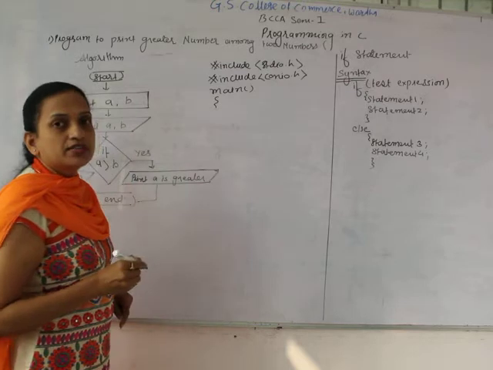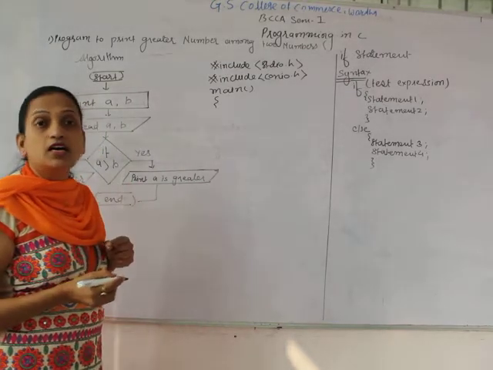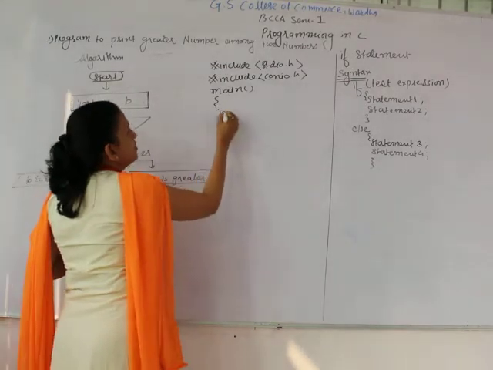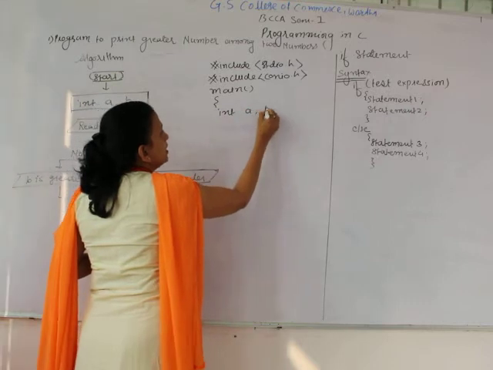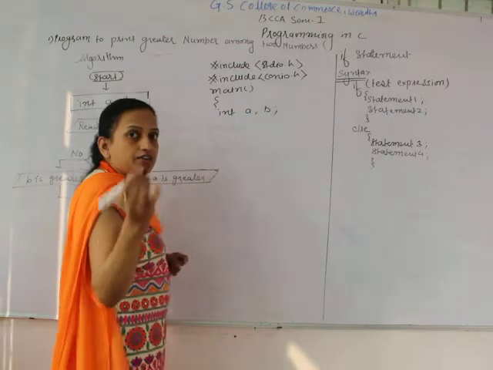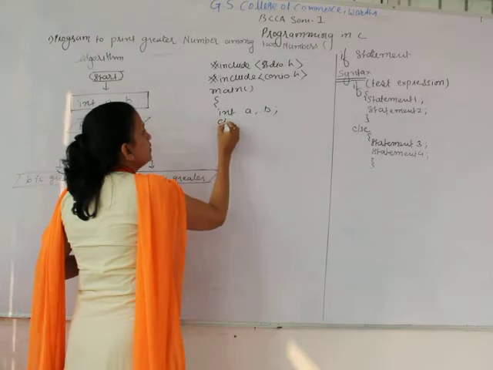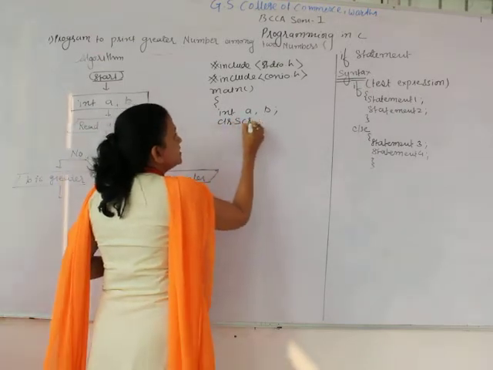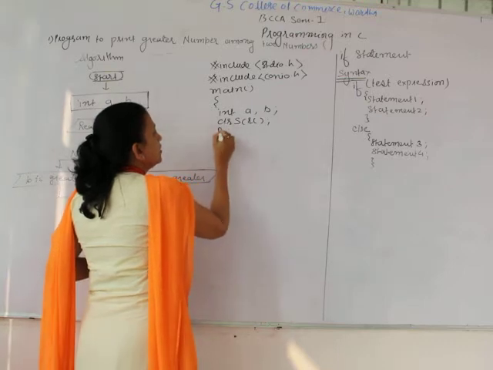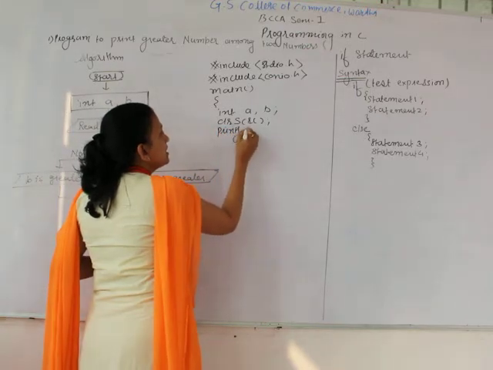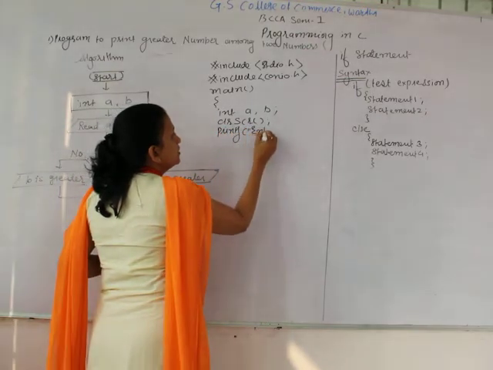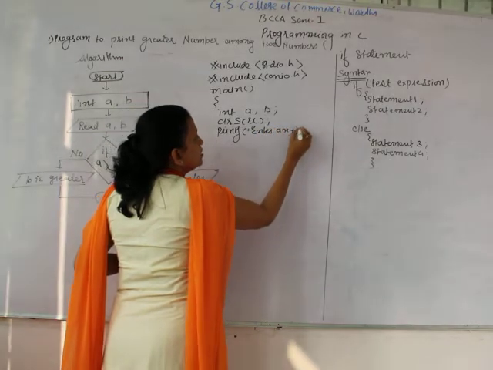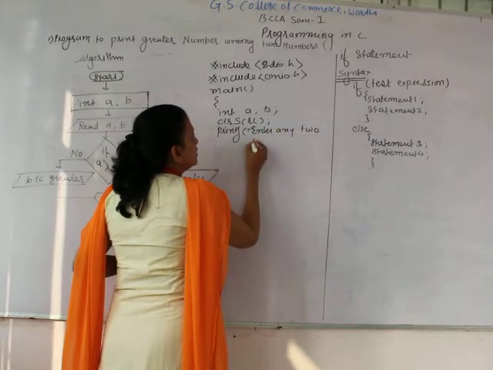After main, the first statement is always the declaration. So here I am going to declare two variables, a and b. After every declaration, we always use one function, that is clrscr. Now here you need to print one message: enter any two numbers.